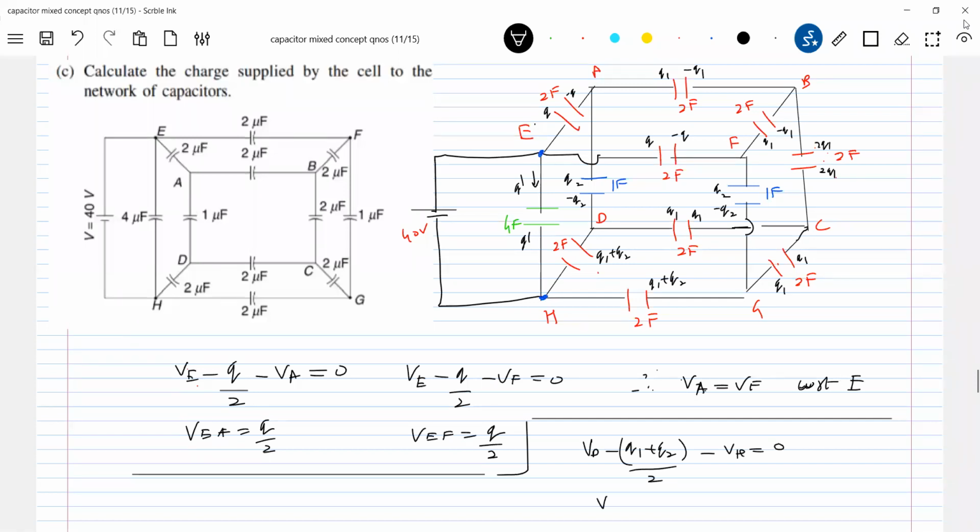And other side, VG minus Q2 by 2 minus VH equal to 0. So therefore, what you can write? VD equal to VG with respect to H. So what we have got now, A and F are at same potential, D and G are at same potential. There are no capacitance directly connected. So you can then make them a common point and you have to redraw the circuit. You get the required answer.